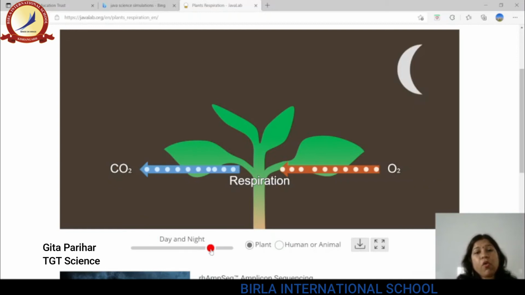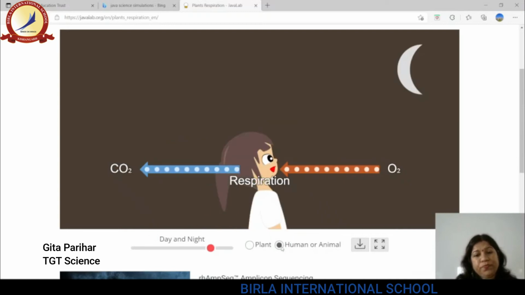They are doing only respiration. And during respiration, plants are taking oxygen from the atmosphere and they are releasing carbon dioxide to the atmosphere.